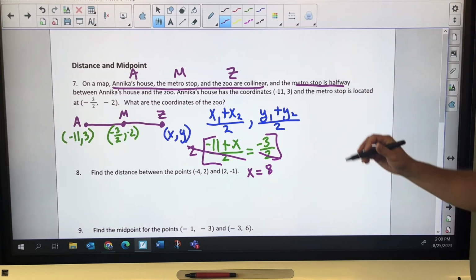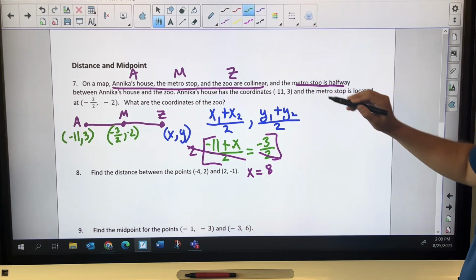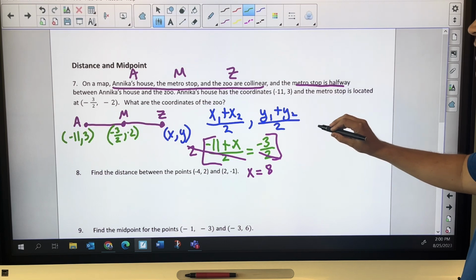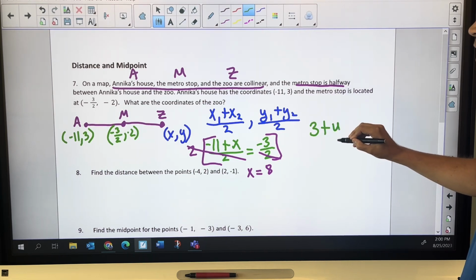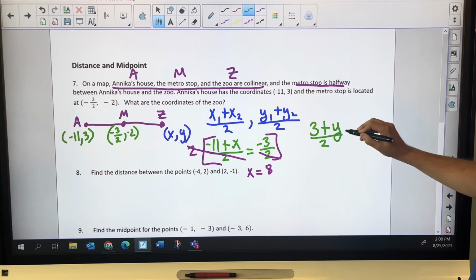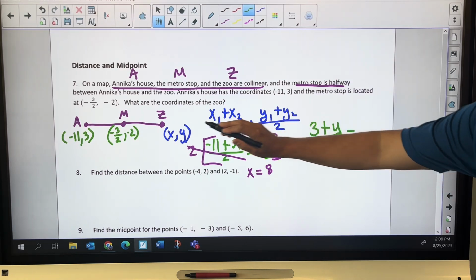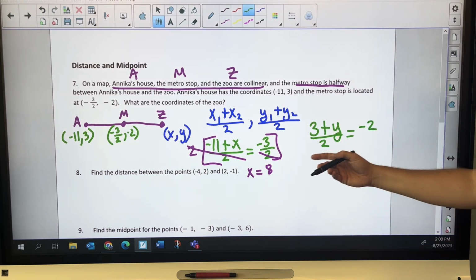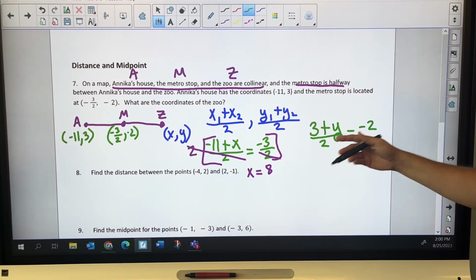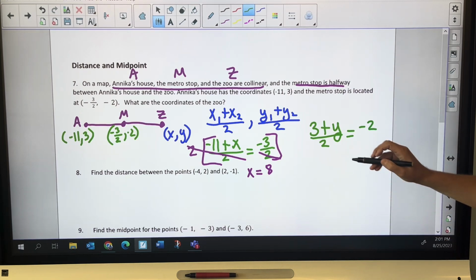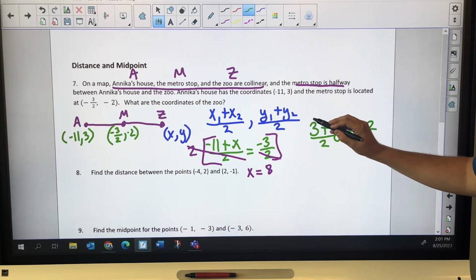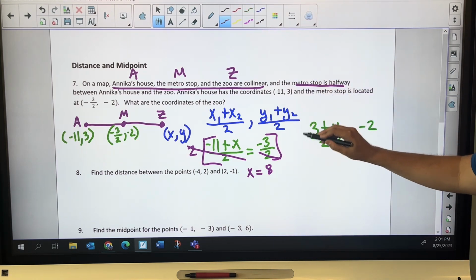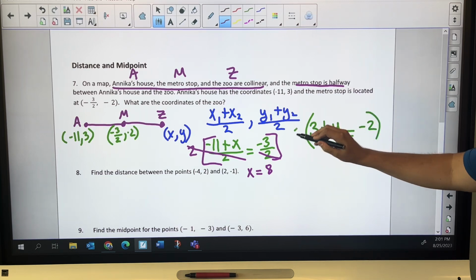And then the same thing with y. Y is kind of nice because there are no fractions. And with y, we've got 3 plus whatever y is divided by 2 is going to equal -2. Here I'm going to multiply by 2 to get rid of that denominator. Again, same thing I did there. It's just not canceling out this time. And when we multiply by 2, multiply the whole thing by 2.